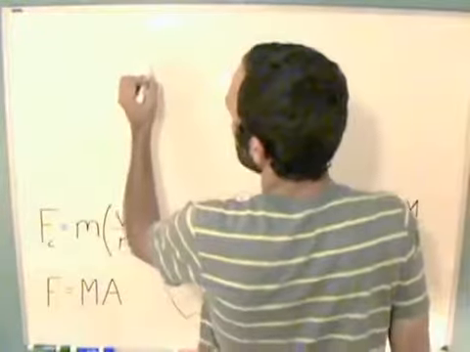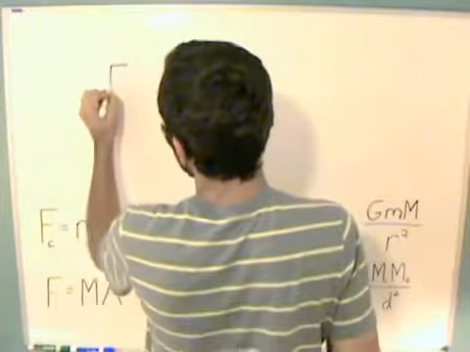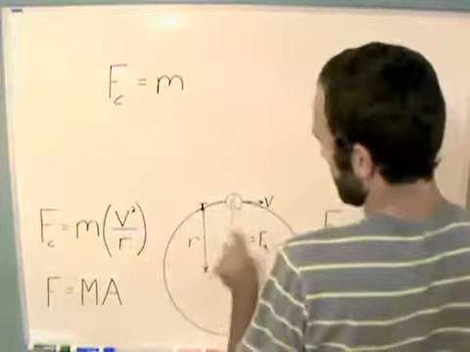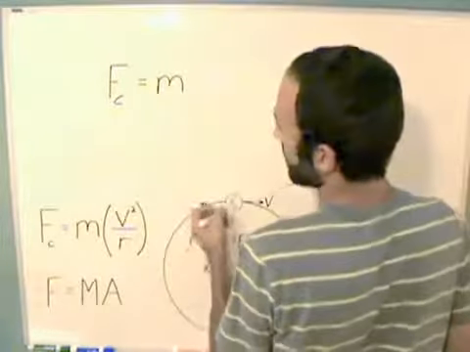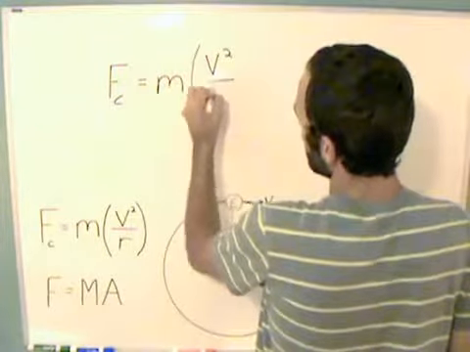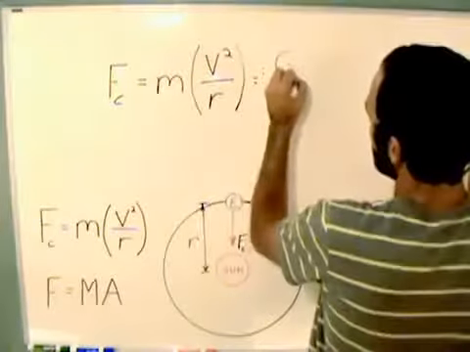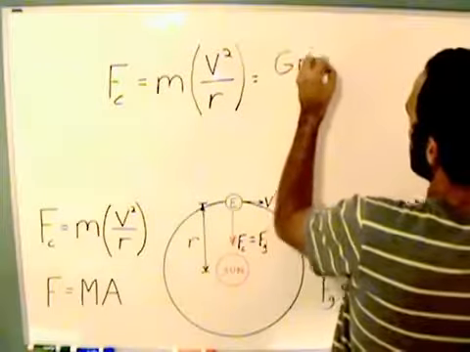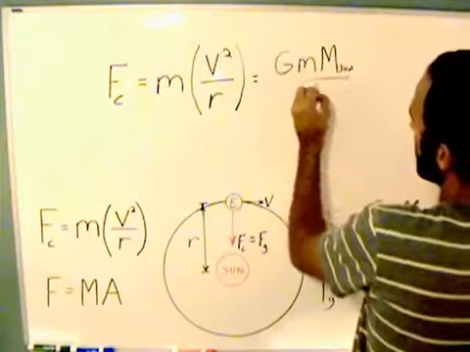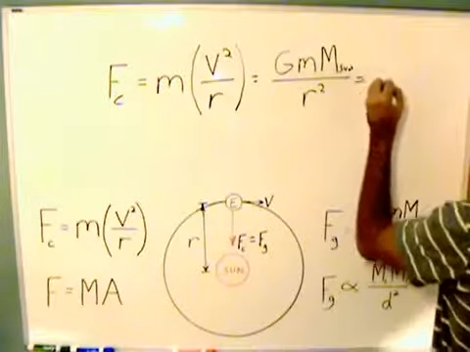You say the centripetal force Fc is equal to the mass of the object orbiting the Sun, which we still have as the Earth here, or Jupiter, or Mars, or whatever you want it to be, times the velocity of that planet, or wandering star, divided by the distance from the Sun, r, is equal to the gravitational constant times the little m, which is the mass of Jupiter, or Mars, or Earth, or whatever, times big M, which is the mass of the Sun, divided by the distance that object is from the Sun squared, and that's equal to the force of gravity.